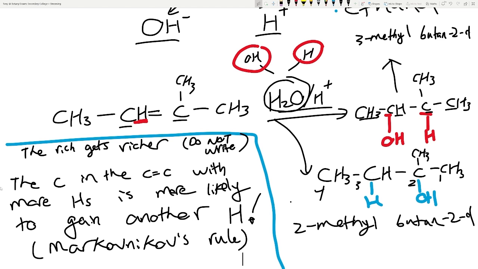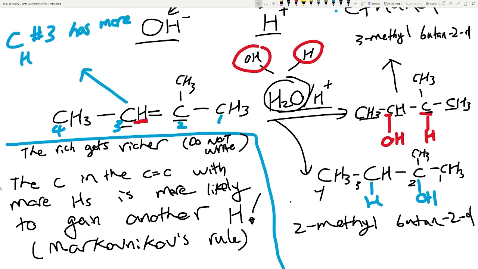So if I number these carbons, this is carbon number 1, 2, 3, 4. In this case, carbon number 3 has more H than carbon number 2. You're not comparing 4 or 1. They're irrelevant.